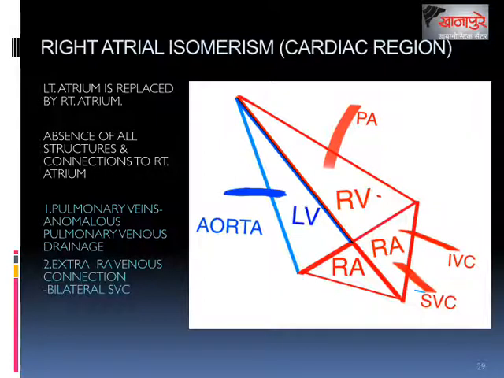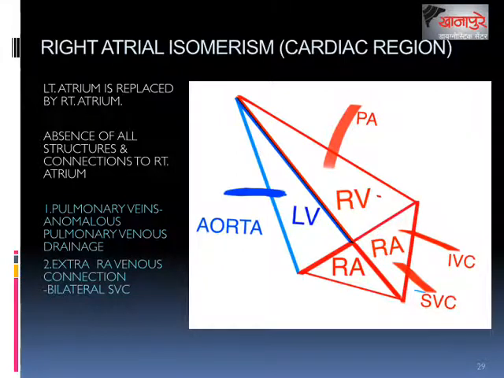Right atrial dominance shows a vessel on the left side of the pulmonary artery, suggestive of bilateral superior vena cava. Then absent left atrium. Connections to the left atrium are absent. Pulmonary veins are normally connected to the left atrium, so pulmonary veins are not draining into the left atrium.